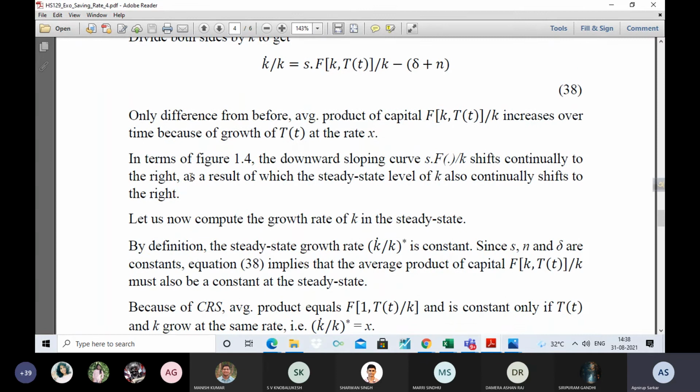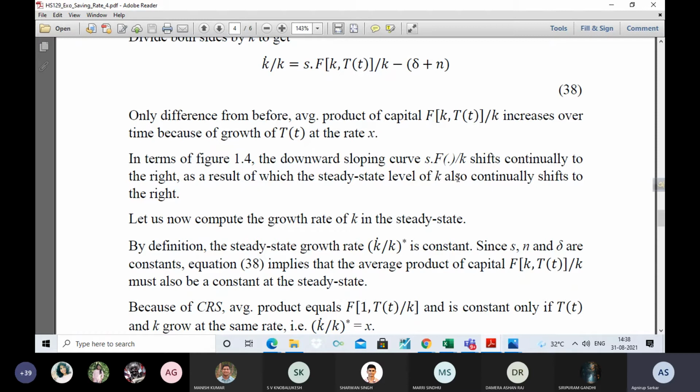Because of constantly growing technology, the sF(K,T) by K schedule would be shifting continuously to the right, and as a result, the steady state level of capital, which is k star, is also continuously shifting to the right.